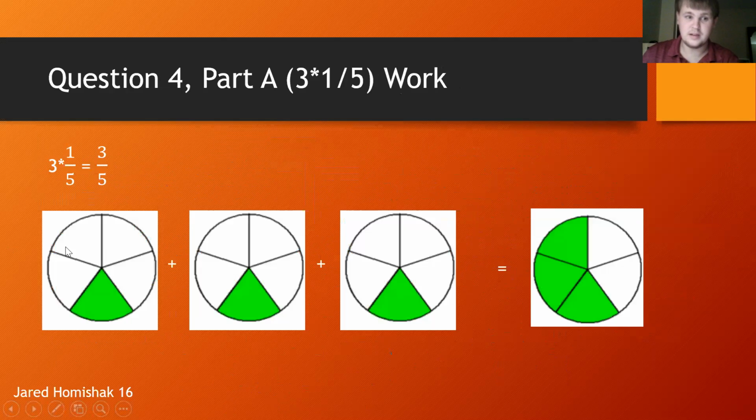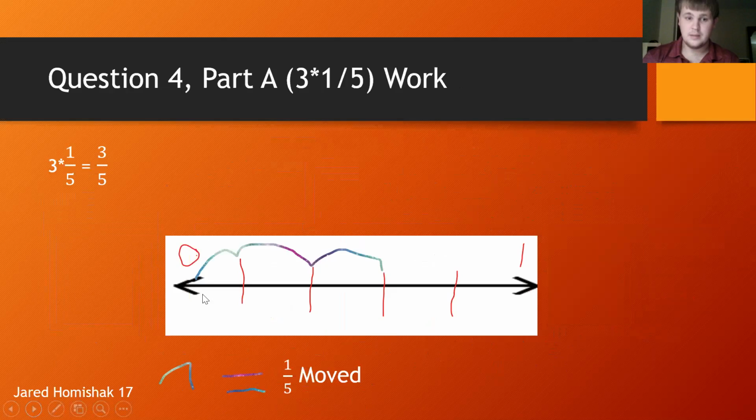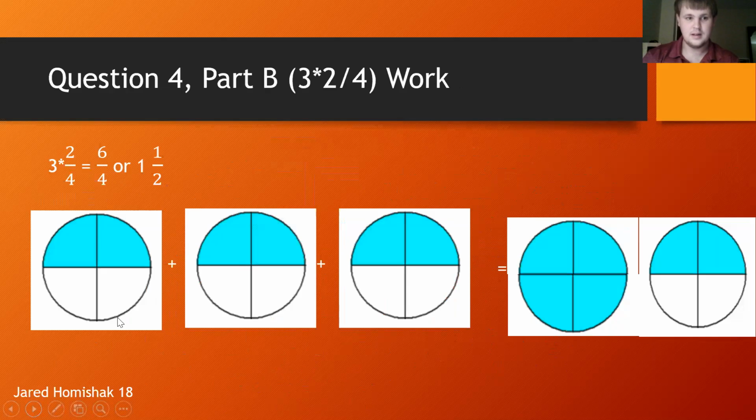You're just going 1/5, in this case, a fifth to the right of 0, 3 times. So 1/5, 1/5, and 1/5. You can just add those up together, and you'll find that your answer is 3/5. And we demonstrate that here on the number line as well by showing that we go to 1/5 once, twice, 3 times to get our final answer, 3/5.